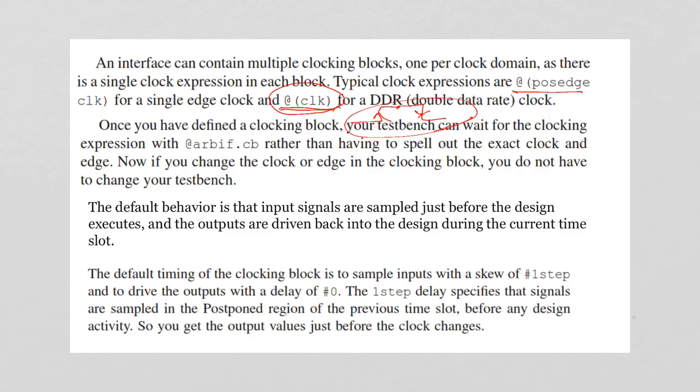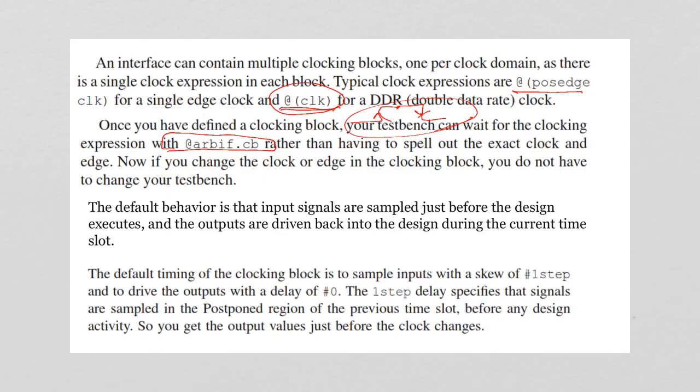Whenever you are using a clocking block, you no need to write in the test bench upon arrival of the pos edge of the clock. You have already used a clocking block, so you only mention the clocking block in the test bench. You always mention the clocking block, you never mention the internal signal of the clocking block. The clocking block itself is specified with respect to the clock. So while writing the program block, that means the test bench, you will specify only arbiter.cb, where cb means clocking block.